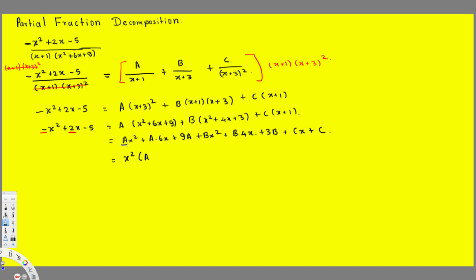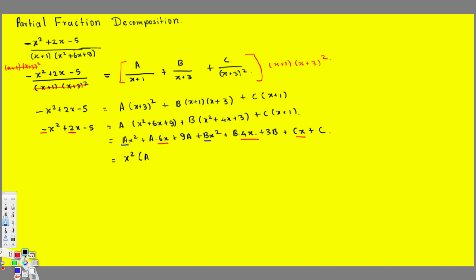A has x squared and B has x squared. Let's use a different color for the x. We have x right here and here, and also we have x right here. We are going to take these three in common and these two in common, and whatever is left we are going to equate to minus 5.